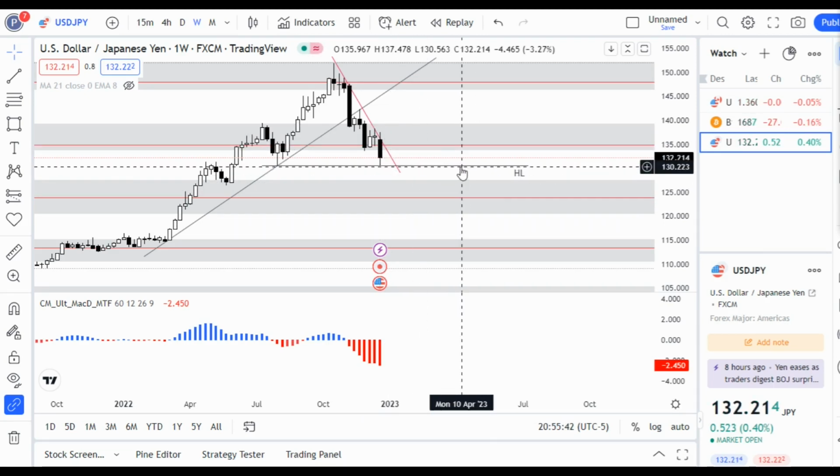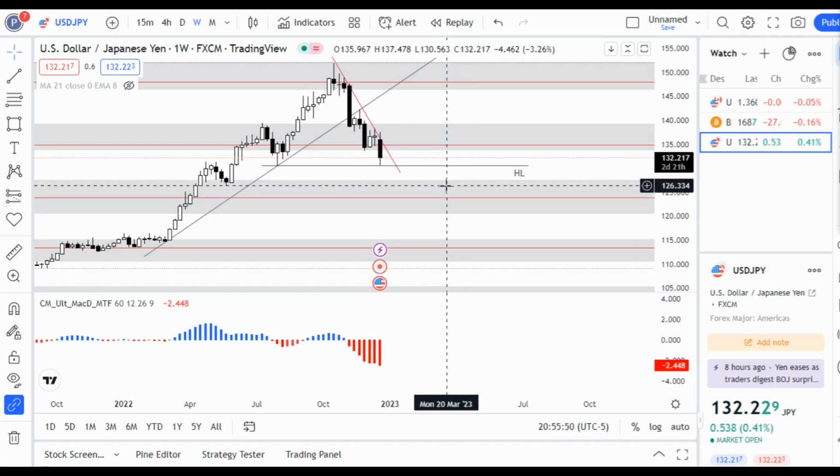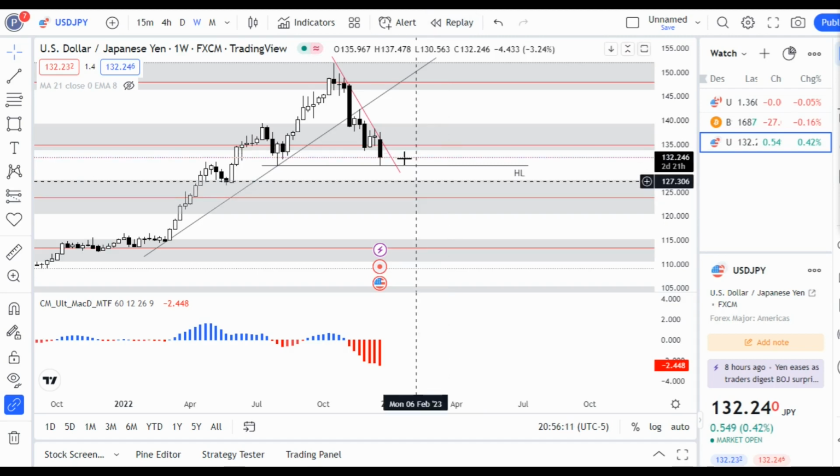This is the last higher low here, and unless this is broken, we will not see the market fully controlled by the sellers. What we see now is that the market has approached that higher low line, but the price hasn't gone past it.